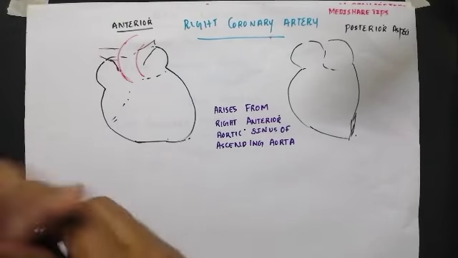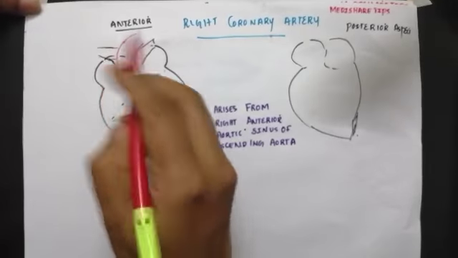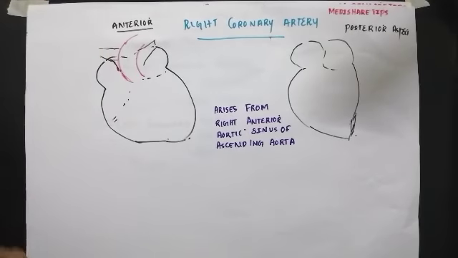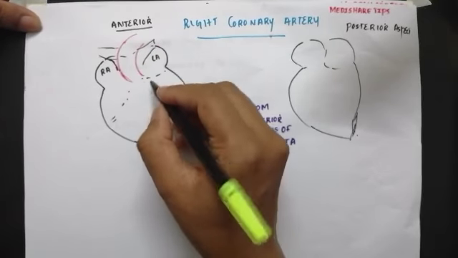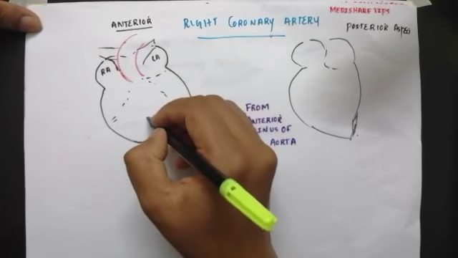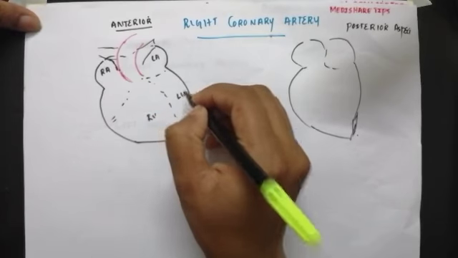So it arises from here and it passes between the right atrium and the pulmonary trunk. This is the right atrium, this is the left atrium, and this is the right ventricle, this is the left ventricle.